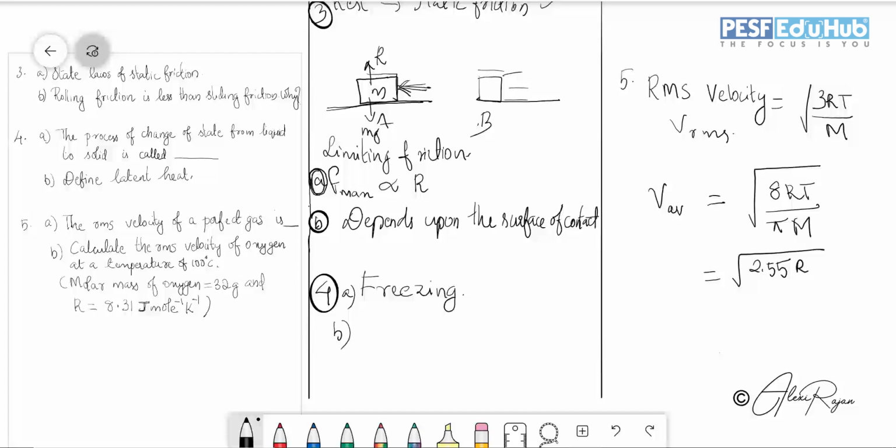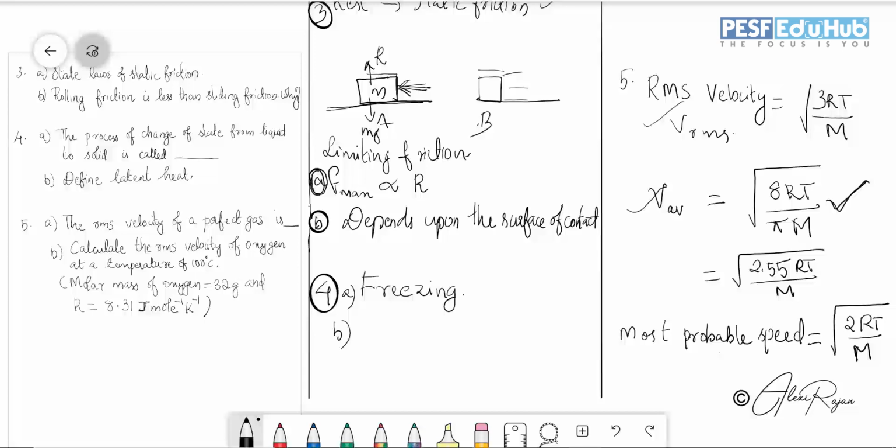Okay. Now, one more value is there, that is the most probable speed of a gas, which is given by root 2RT by M. So you can see VRMS and V most probable, I am just writing MP, so VMP.